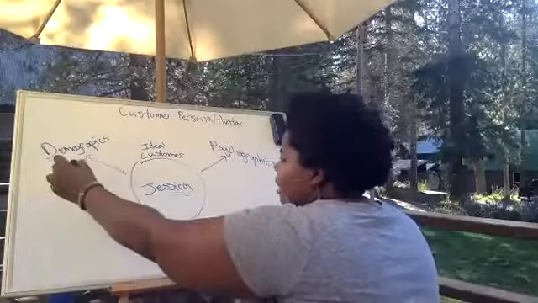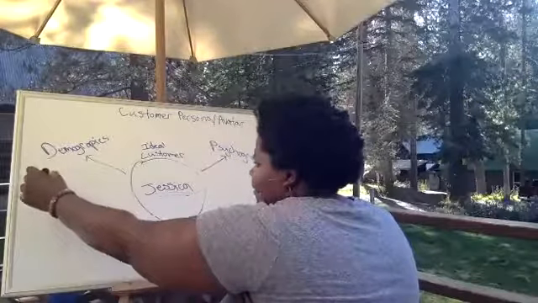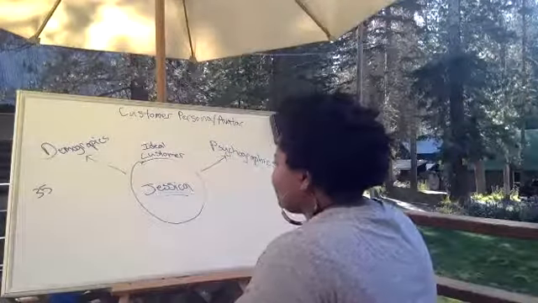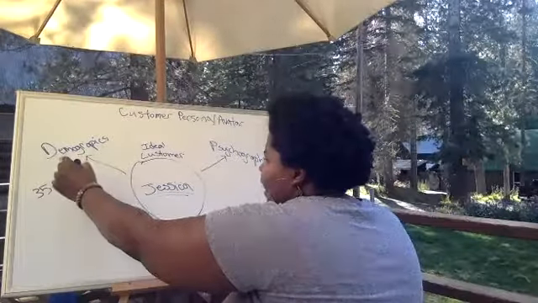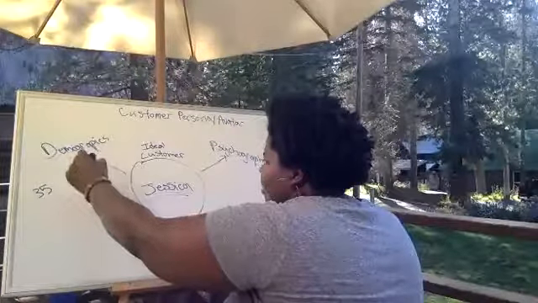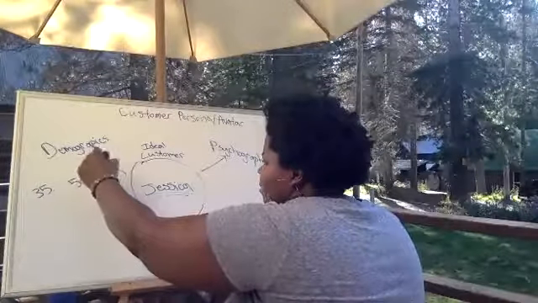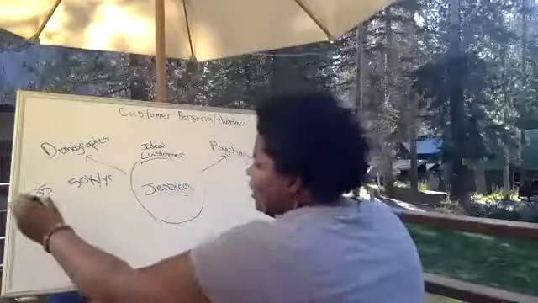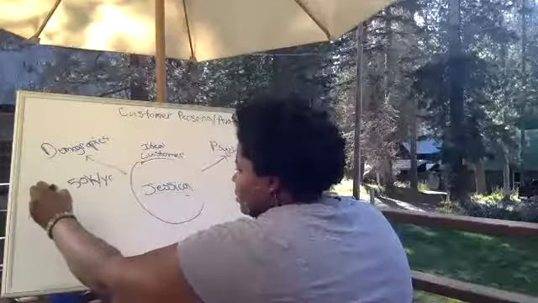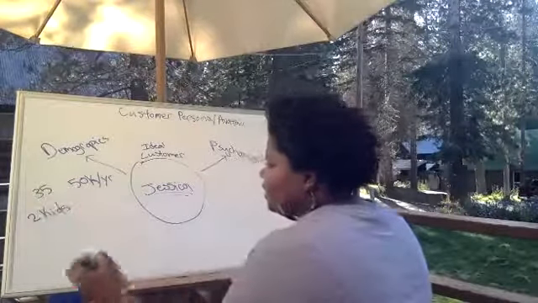The demographics are like age, so she's 35. Okay, she makes 50K per annum or year. She has 2 kids. She lives in the suburbs.